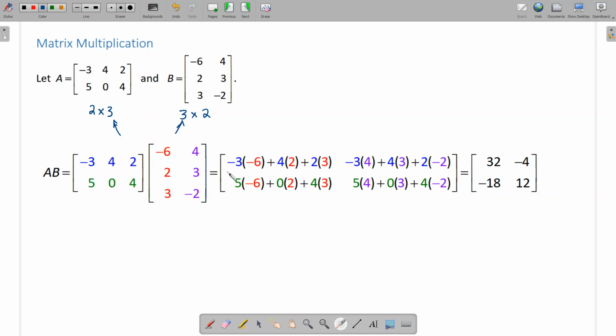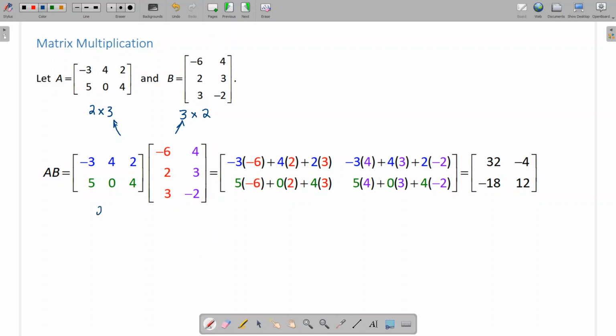So 5 times negative 6, 0 times 2, 4 times 3, and then all of that added up gives us the negative 18. And then that final element is given by the second row by the second column. So 5 times 4, 0 times 3, 4 times negative 2. And add that together, that gives you 12. So let's look at the dimensions again.